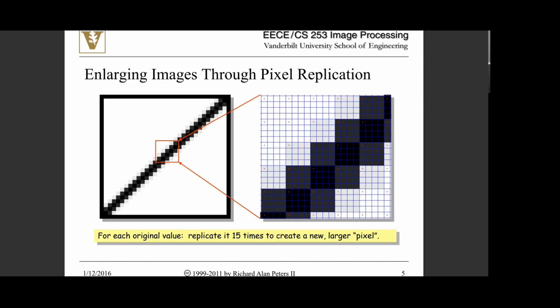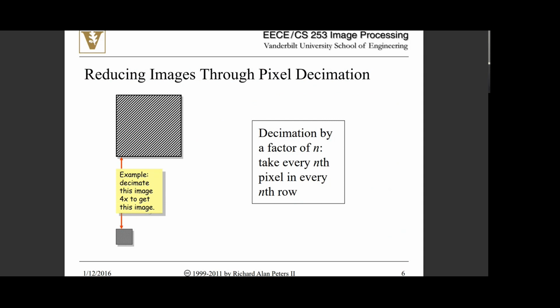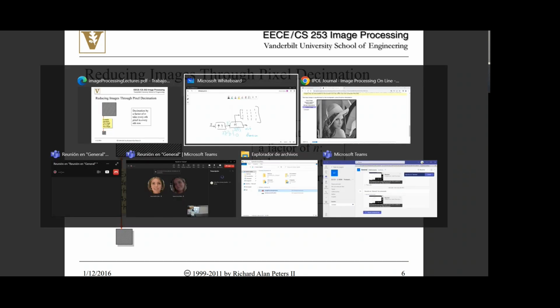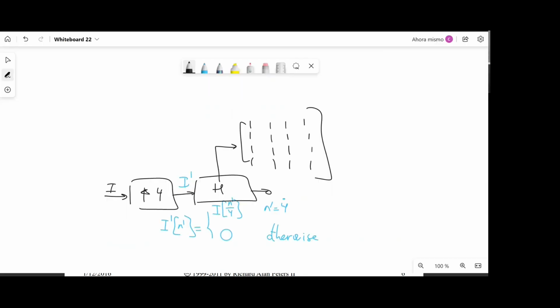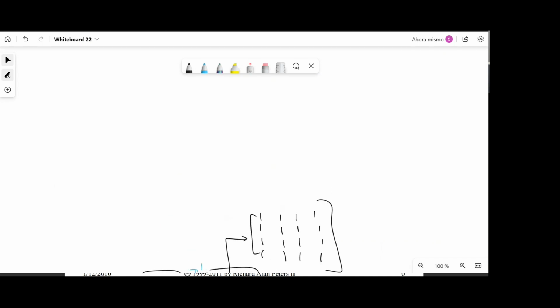Okay, and then we can do the opposite. We can start with a big image and produce a small one. And this operation we already know. It's called the decimation. So we start with an image, and then we do a downsampling here by a factor of 4, for instance.